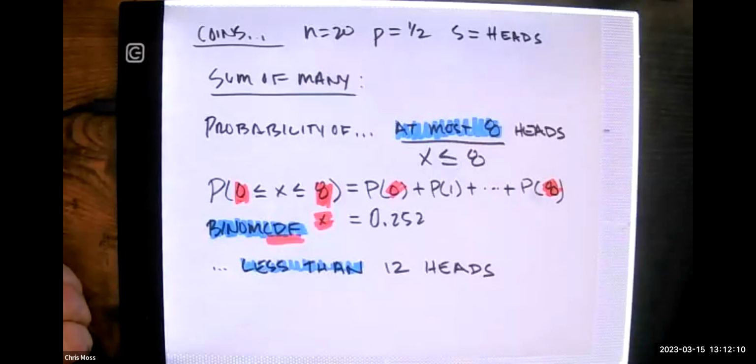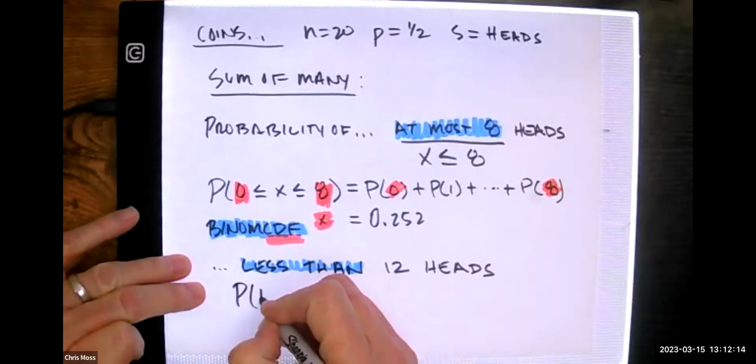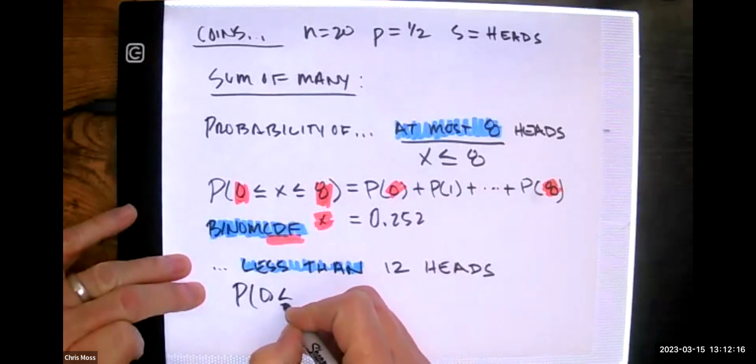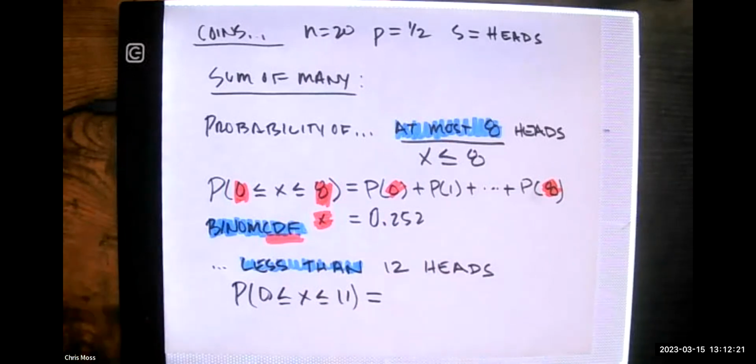Less than 12. That means we are not going to include the 12 when we have the probability 0 less than or equal to X up to and including 11, but not 12.